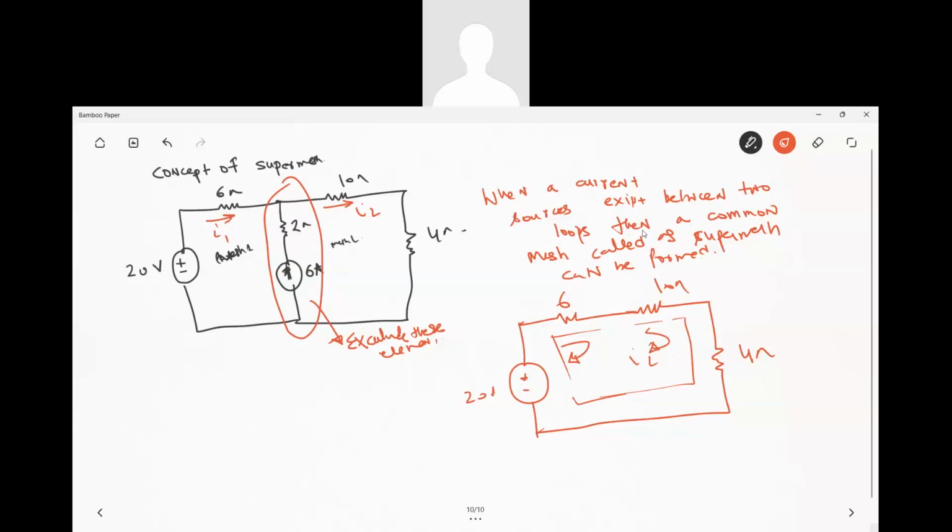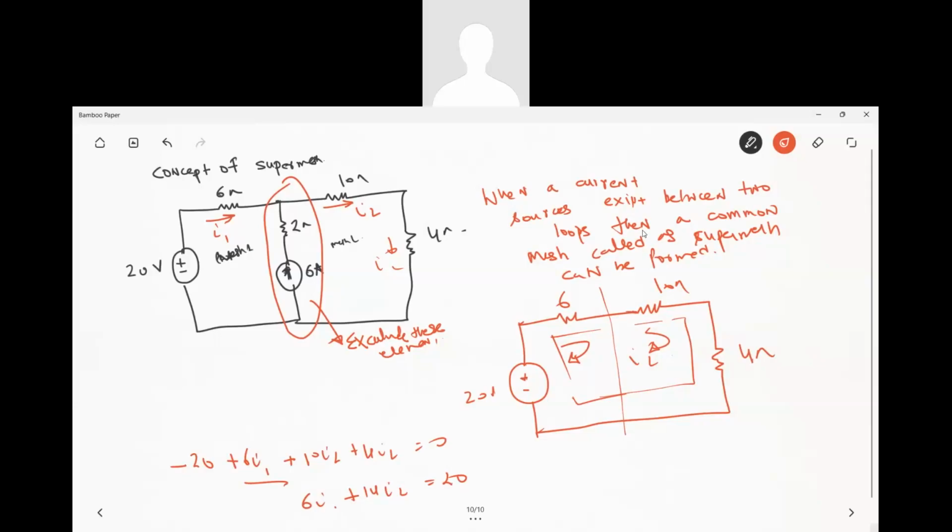Now the equation I am going to write for the first part: I will take I1, so it would be minus 20 plus 6 I1, and for the second part it would be 10 I2 plus 4 I2, is equal to 0. So I'll have 6 I1 plus 14 I2 is equal to 20. Till here you understood.